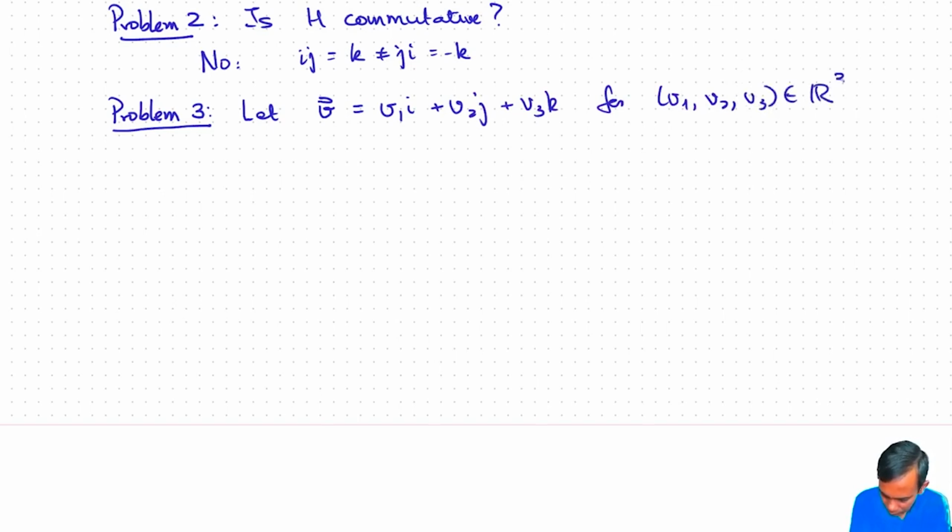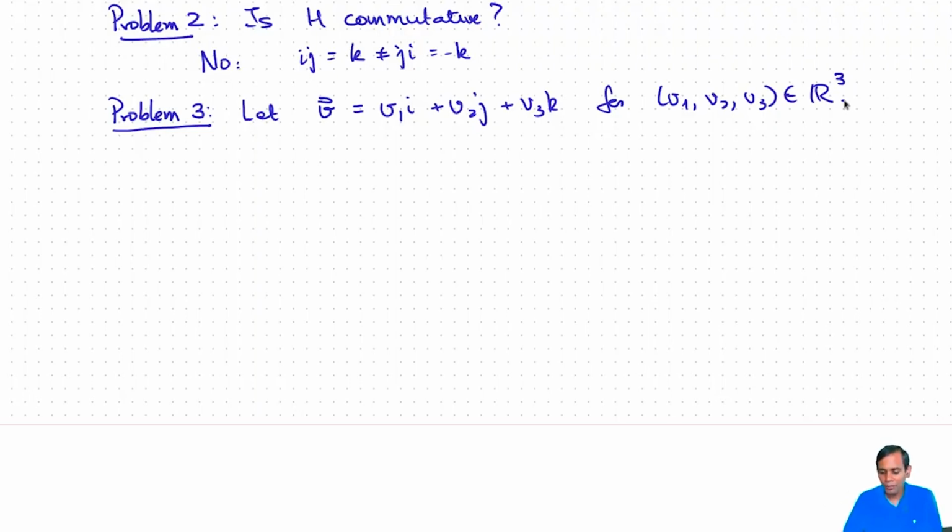in R cubed. So we are going to think of vectors in three-dimensional Euclidean space as quaternions. The coefficient of 1 in a quaternion is called the real part, and the rest of it, the coefficients of i, j and k added up, is called the imaginary part, in analogy with the complex numbers.